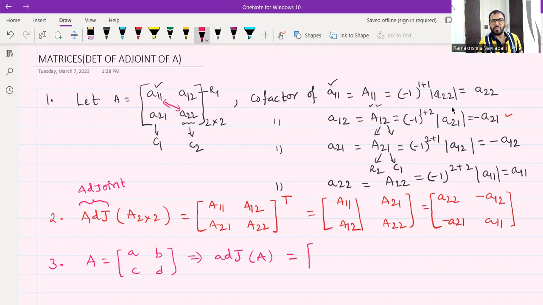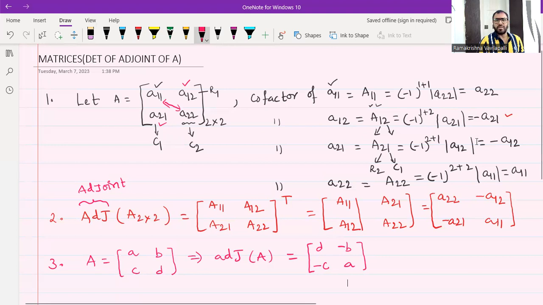This is nothing but D, A. After that, these elements appear as they are, but with the opposite sign. So here you will have minus B, and here minus C. This is the adjoint of a 2 by 2 matrix.